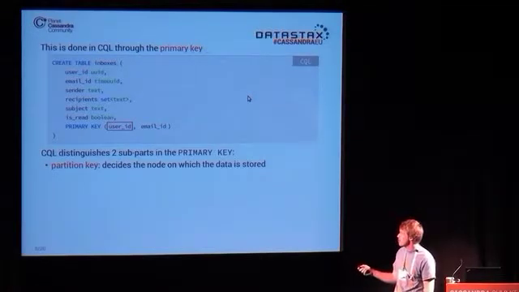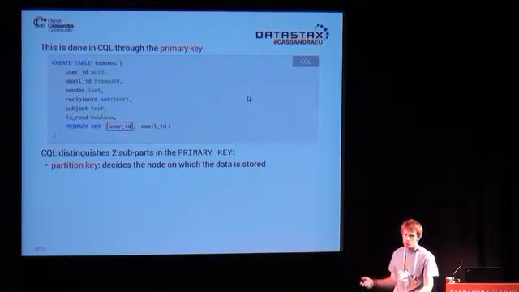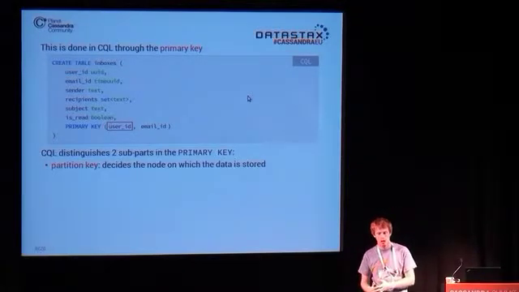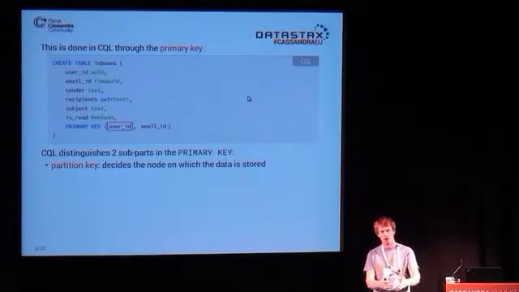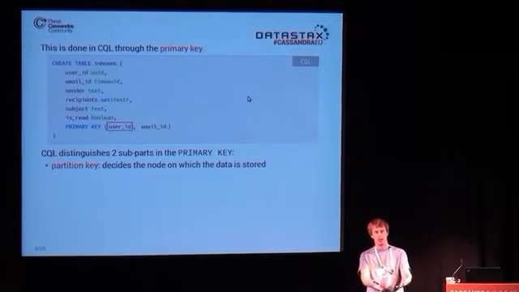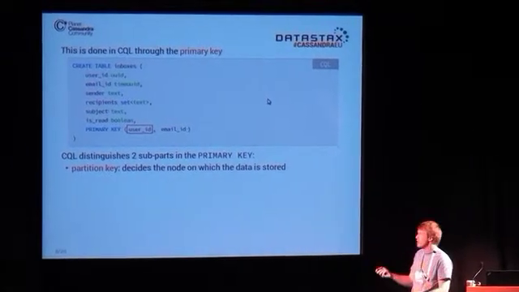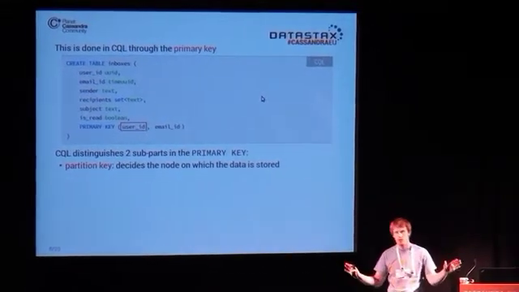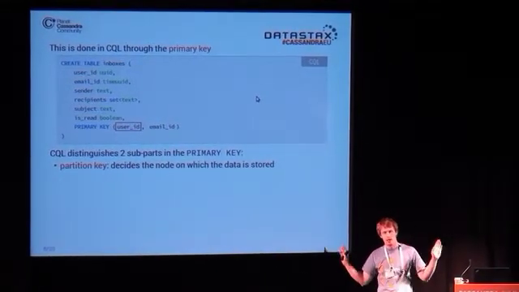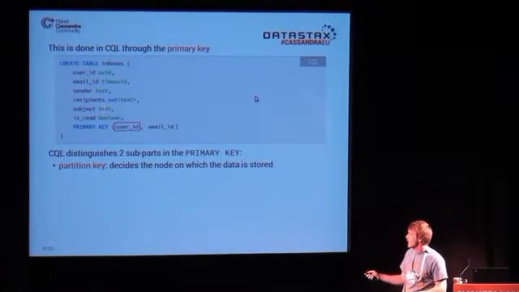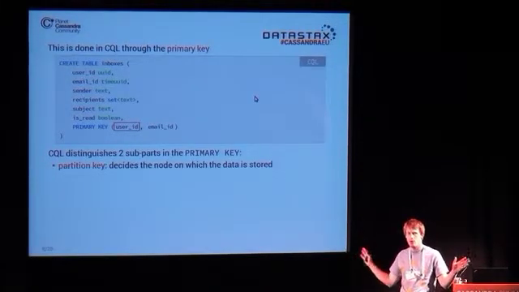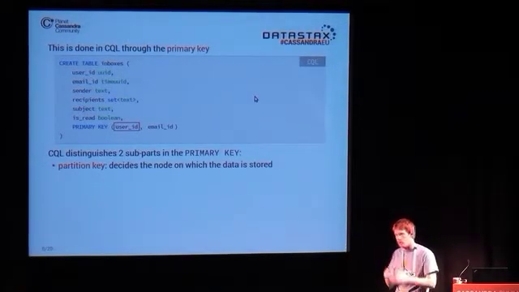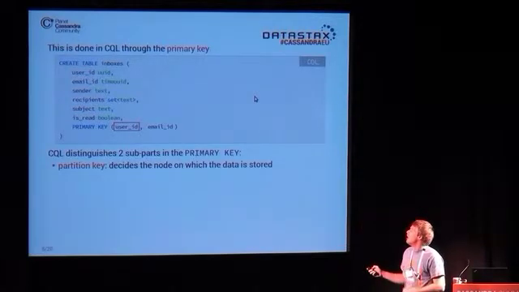In that case, I want to put all the email for one user on one node because I will query that inbox. The user logs in, I want to show his inbox, so I need all his mail. So I will put it all on one node. But the different users' inboxes may be completely distributed over my nodes. So I will still scale because I'm able to have billions of users, but for one user, I want it all on one box.